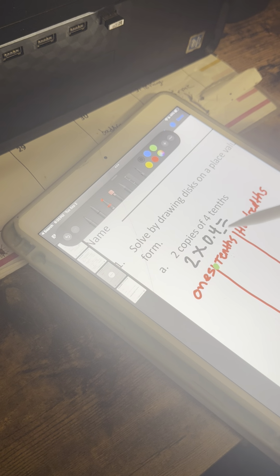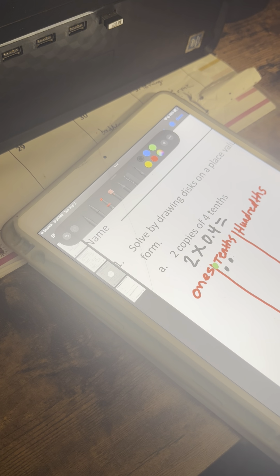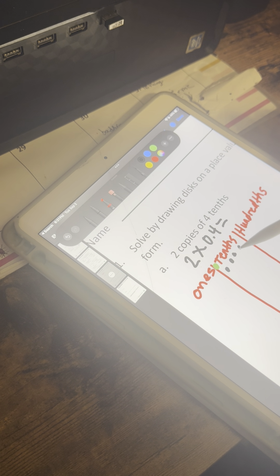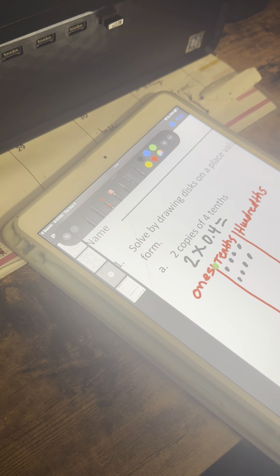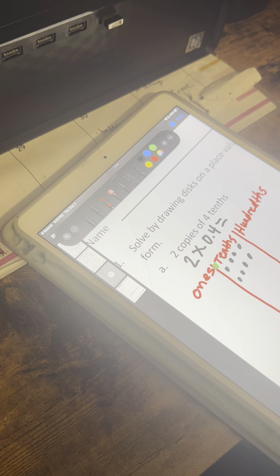So I know I'm drawing tenths. So that is 1, 2, 3, 4. That's 1 set, or 1 copy rather. And now I need to draw my second copy. So now I need to count.